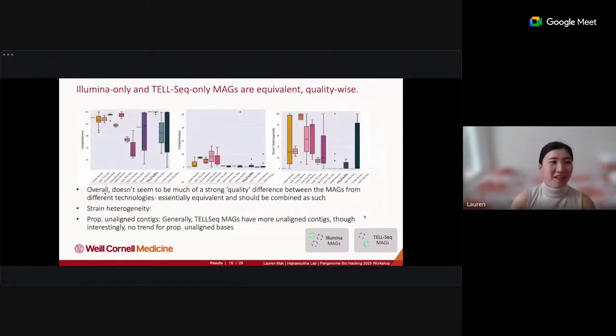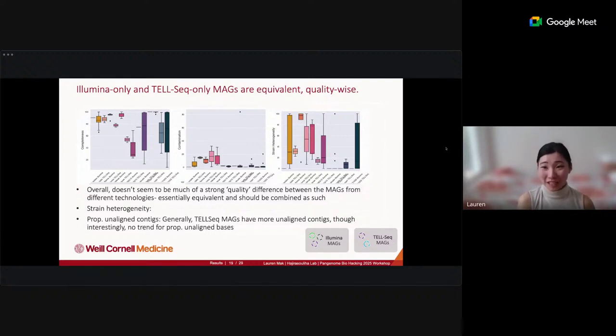So in terms of quality, it looks like Illumina only and TELSeq only mags are about equivalent quality-wise. There doesn't seem to be much of a quality difference in terms of completeness, contamination, honestly, genome fraction, proportion of unaligned contigs. In terms of strain heterogeneity, asterisk, it looks like the TELSeq mags picked up on a little bit more strain heterogeneity, though again, there's really no consistent trend here.